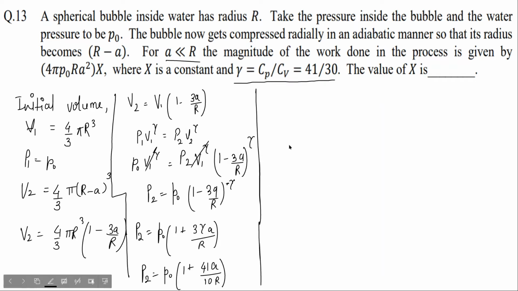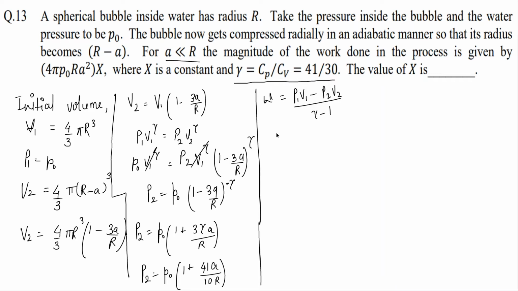Now you see work done can be written, for an adiabatic process, as P1 V1 minus P2 V2 upon gamma minus 1. Remember this formula, it's very important. Questions based on this formula are even asked in JEE Main also.